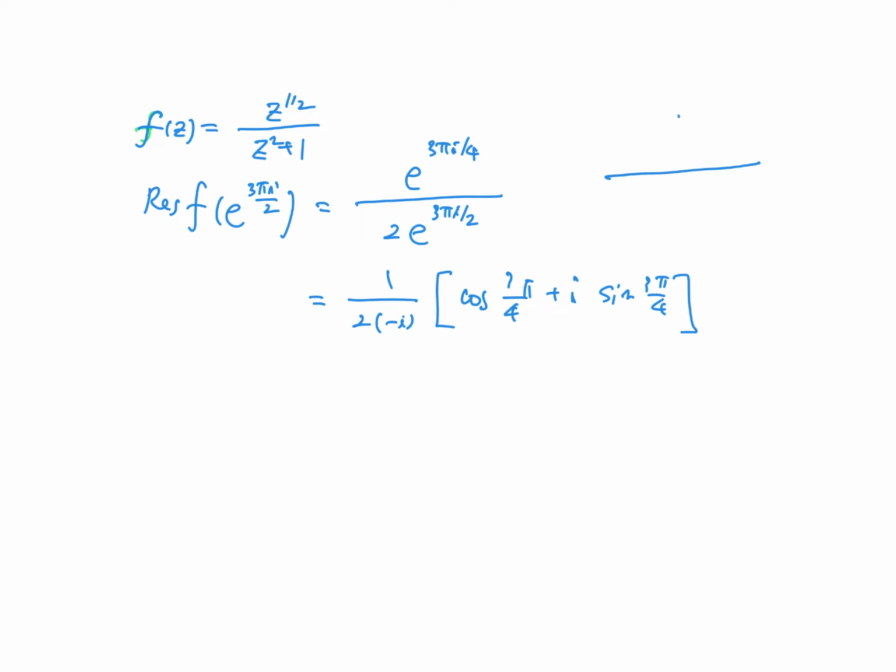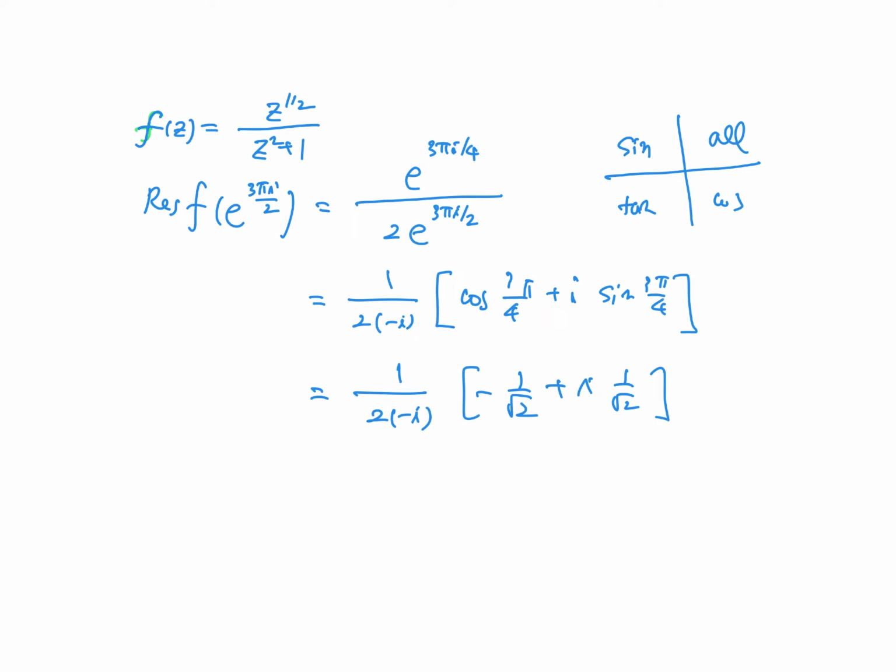All sine tan cosine, right? You also remember this from your high school days. So 3 pi over 4 is in the second quadrant, so cosine is minus. So this is 1 over 2 times minus i, times minus 1 over square root of 2 plus i over square root of 2.